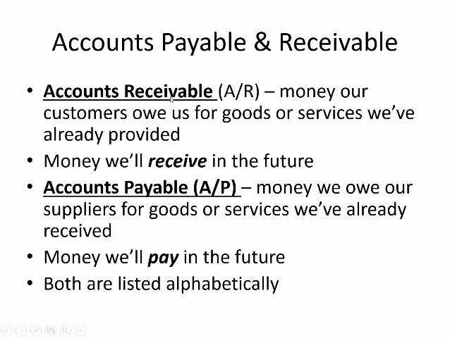Again, receivable, what it is is right in the name. We're going to receive this in the future, and it is listed as an asset. Accounts payable, on the other hand, are bills that we owe to people. Again, this can be listed as A/P, and we will be paying it in the future. Both of these, as I mentioned before, are listed alphabetically.